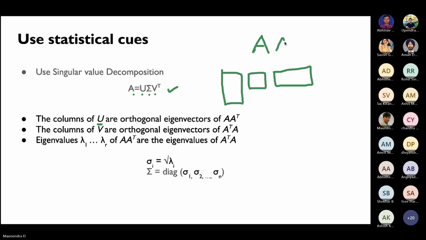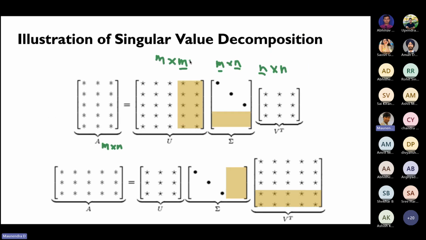You have A, so you can very easily compute A transpose, and their product is very easy to compute. And there are libraries which can give you the eigenvectors for a matrix.